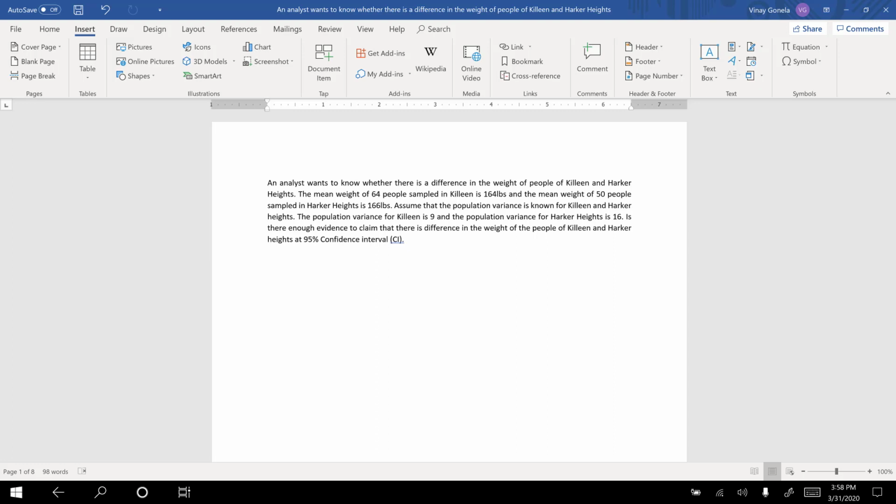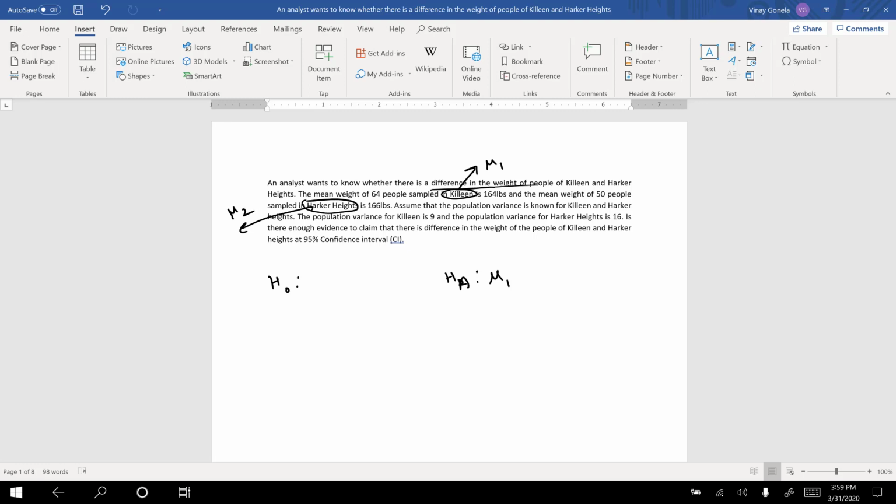So here we are comparing two different cities, Killeen and Harker Heights. They want to see whether there is a difference in the weight. So this is the alternative and this is the null. I will represent the Killeen population mean by mu1, and for Harker Heights I will use mu2.